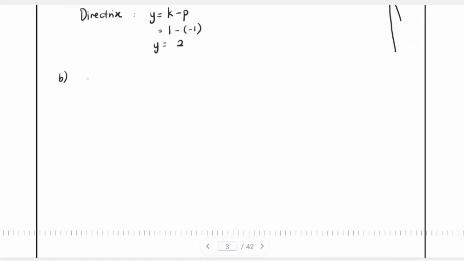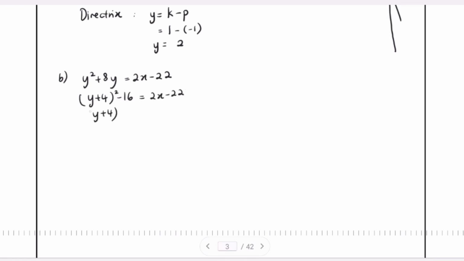For part B, the question is y squared plus 8y equals 2x minus 22. Alright, so let's do completing the square on the left hand side. So it's going to be (y plus 4) squared minus 16 equals 2x minus 22.